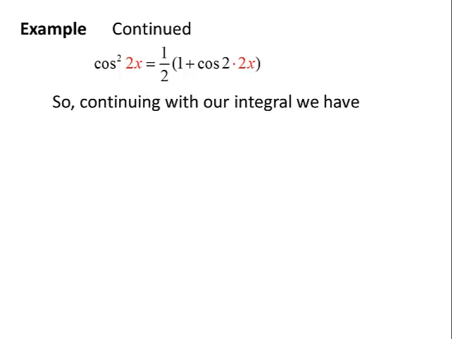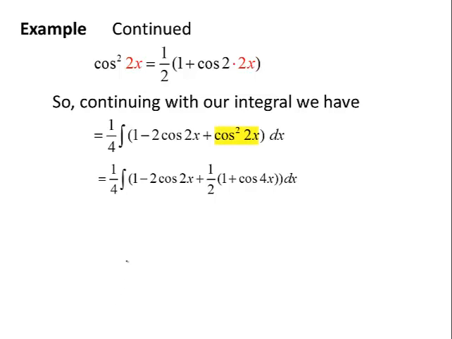So this is the integral that we left off with, 1/4 times the integral of 1 minus 2 cosine 2x plus cosine squared 2x. Continuing, for the cosine squared 2x, we're going to put in 1/2 times 1 plus cosine 4x. Many calculus books will just go from this step to this step, and maybe you're not quite sure where the 4 is coming from in the cosine 4x. Well, I hope now you can see exactly where the 4 is coming from.